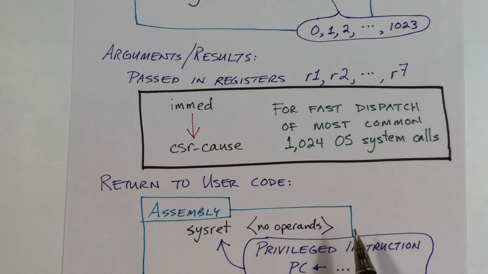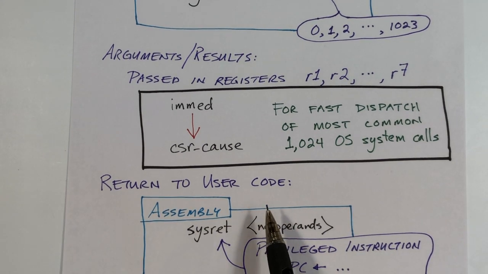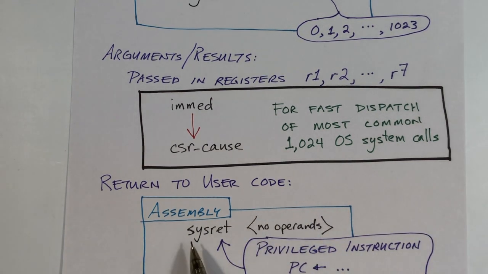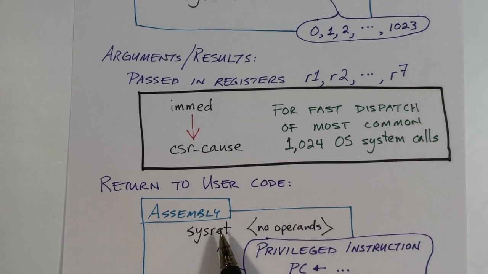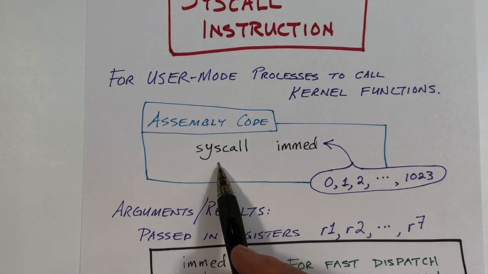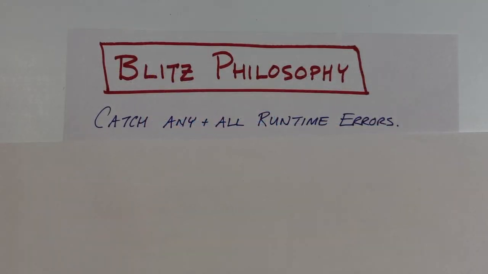And then later, in the trap handler code for the particular system call, the operating system code will execute a system return instruction. This is a privileged instruction, so it has to be executed by the operating system. And what it does is it restores the program counter, and it restores the CSR status, and basically returns to executing the code. So the next instruction after the system return instruction will be the instruction that followed the system call instruction. Now let's talk about several exceptions that are concerned with error conditions.